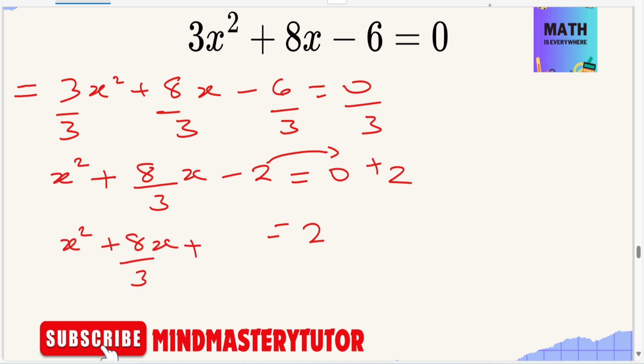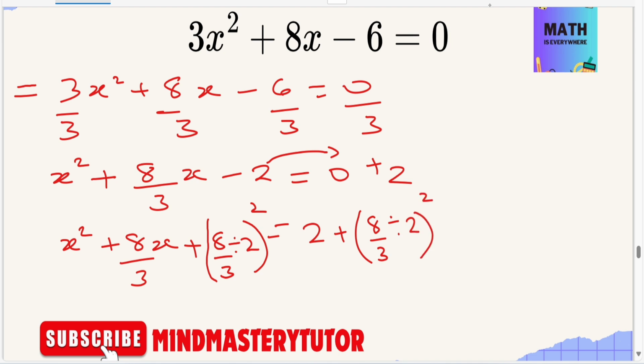And how do you fill that gap? You take 8 over 3 divide by 2 and then square. So the same thing you do here. So plus 8 over 3 divide by 2 and square. So 8 over 3 divided by 2 is just the same as 8 over 3 times a half.